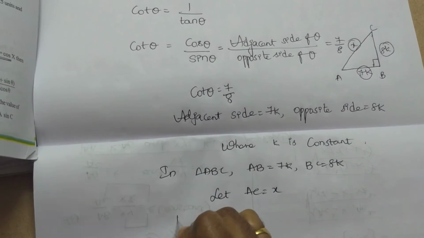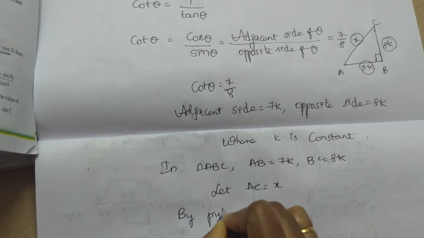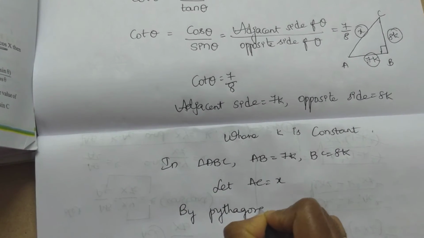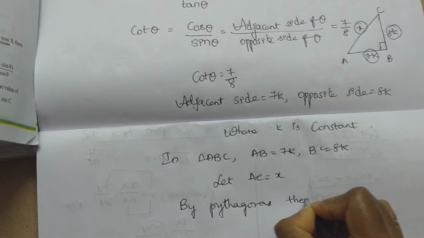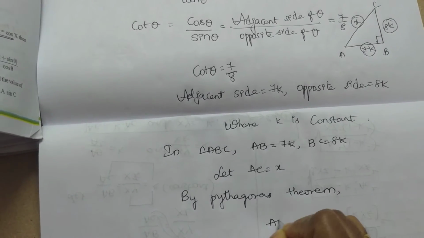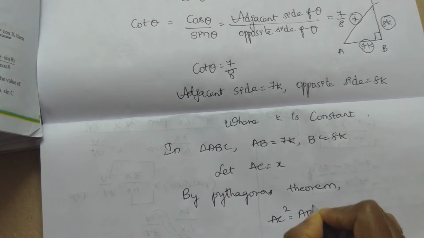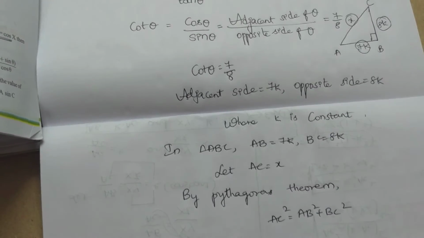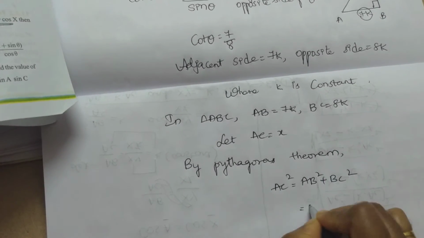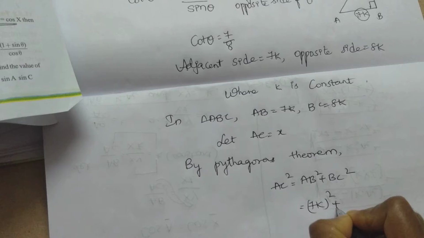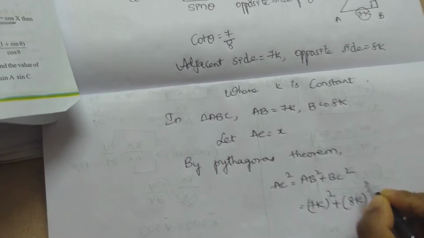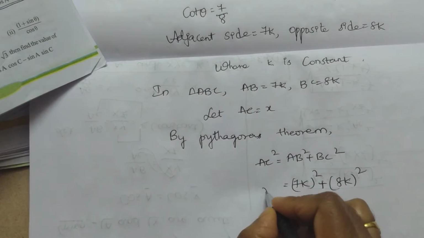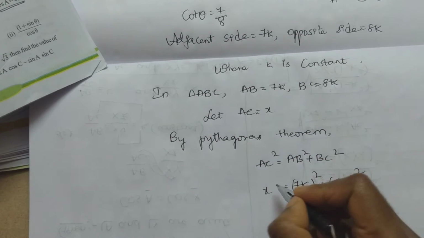Since it is a right angle triangle, by Pythagoras theorem, AC square equals AB square plus BC square. So in the place of AB I am writing (7k) whole square plus (8k) whole square. In the place of AC I will write x.